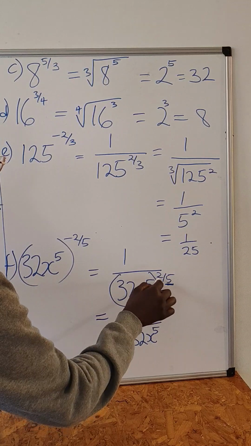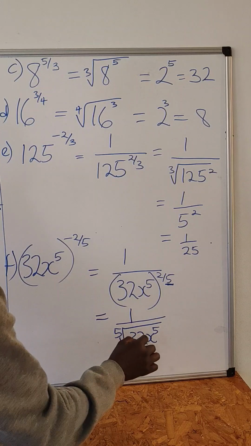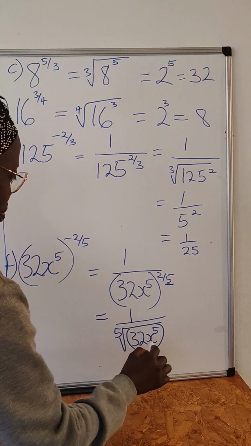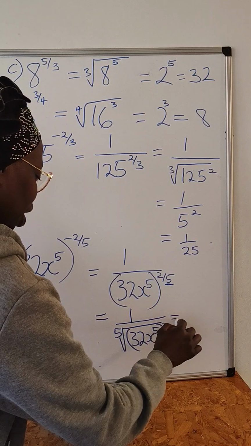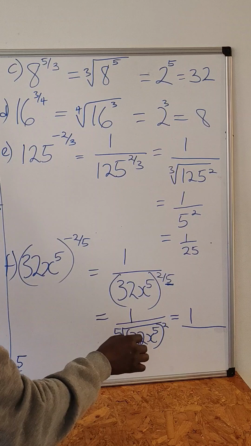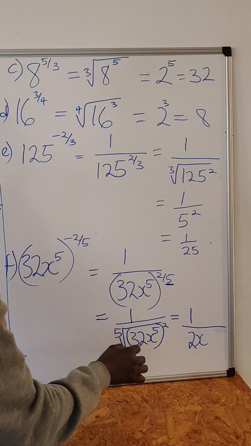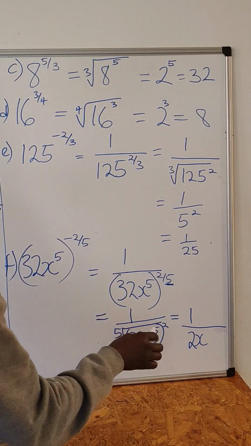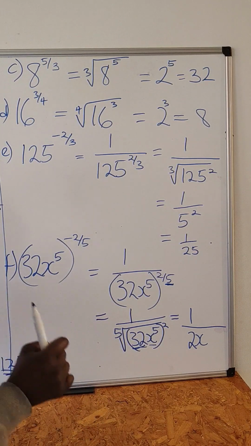Since everything is affected by the 2 divided by 5, the fifth root of what is here, and everything is also raised to power 2, gives 1 divided by the fifth root of 32x raised to power 5 is 2x, because the fifth root of 32 is 2 and the fifth root of x raised to power 5 is x.